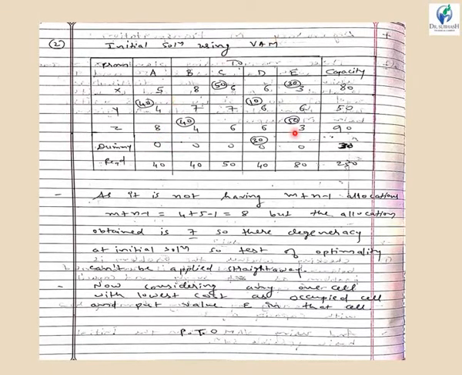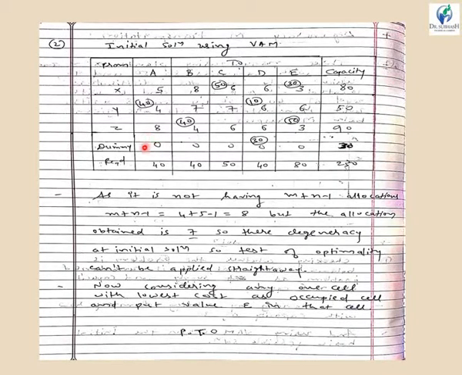In the whole table you can see the lowest cost is in this dummy row. Here it is 0, here it is 0, here. So where do we substitute that epsilon? Epsilon is substituted in such a cell that the cell is independent. Independent cell means there is no loop formation from it.